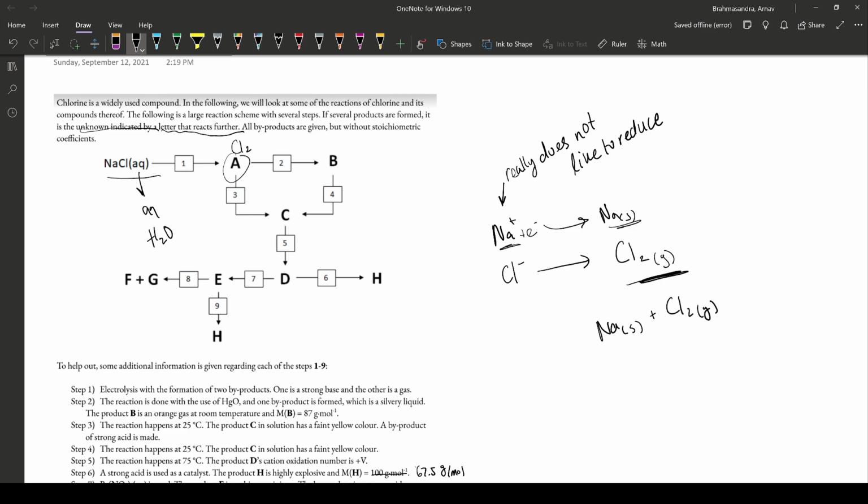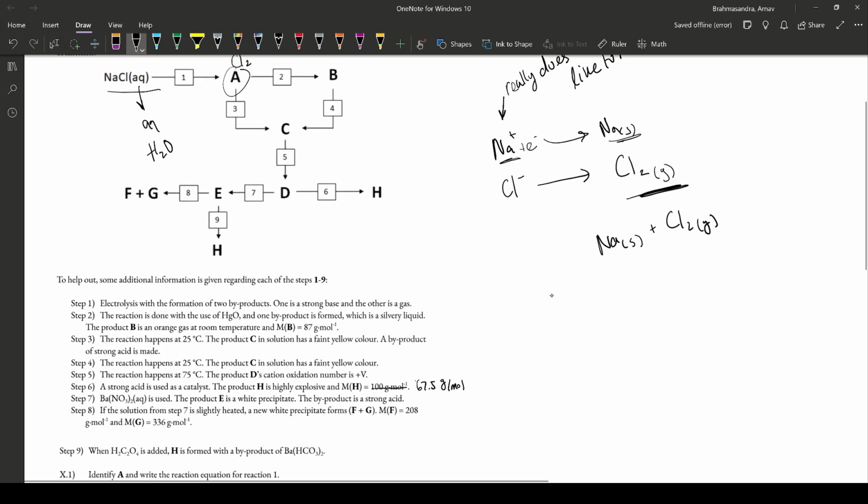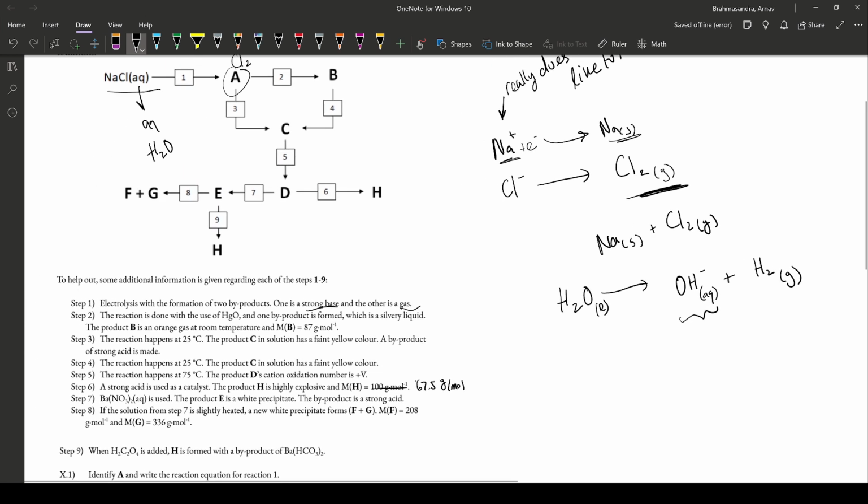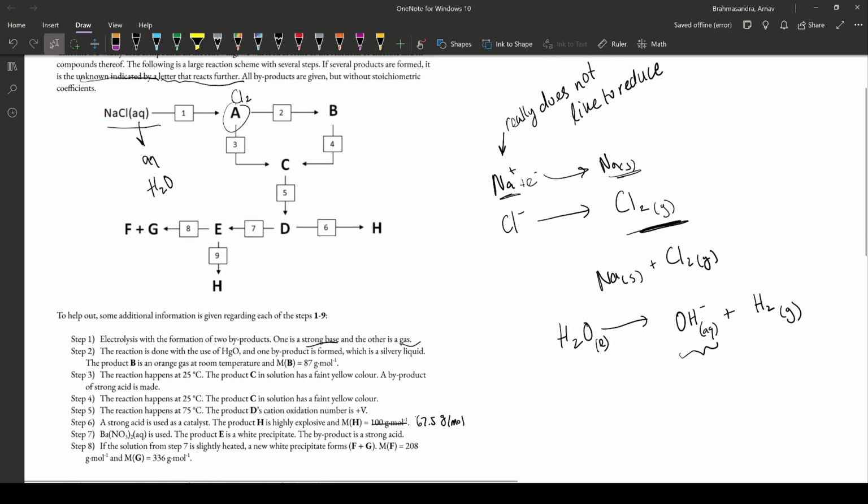This is in an aqueous solution. So if we have water reducing, we end up with water forming hydroxide and hydrogen gas. So this is where you see that if water reduces, we're forming a base, hydroxide, and we have hydrogen gas, our gaseous byproduct. From here, we can see that water is the thing that's reducing, and chloride is what's going to oxidize.